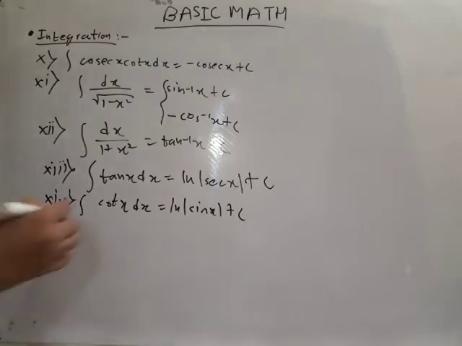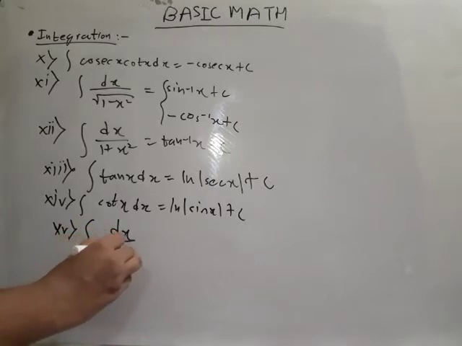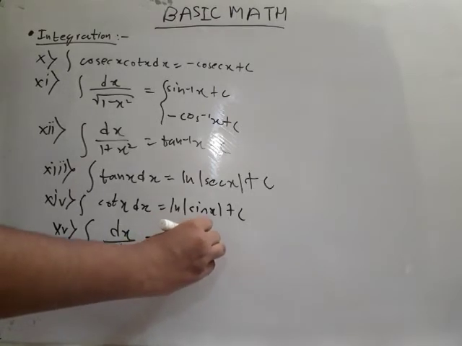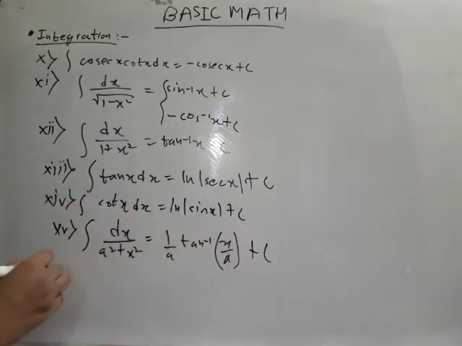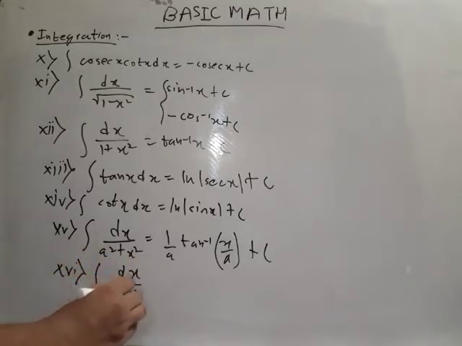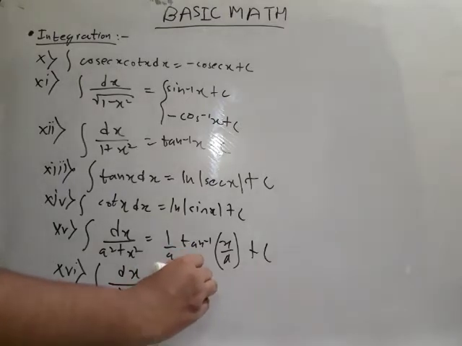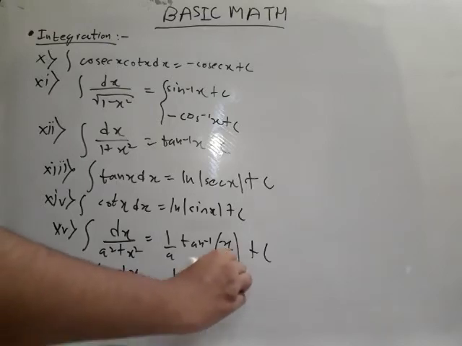Now comes the important part. Integral dx by a square plus x square equals 1 by a tan inverse x by a plus c. Dx by x square minus a square equals 1 by 2a ln, that is log e, mod of x minus a by x plus a plus c.